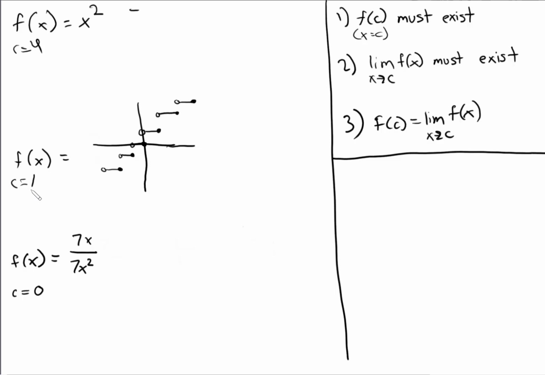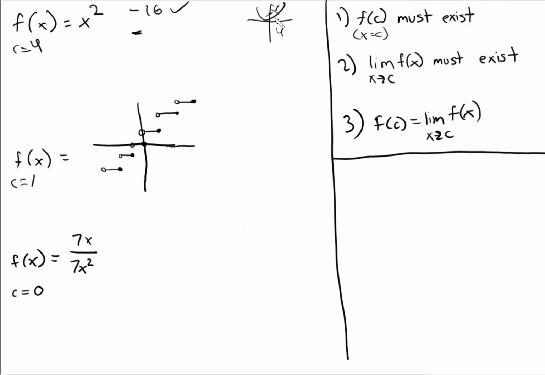So when c is equal to 4, does f of c exist? What is f of 4? F of 4 is 4 squared, which is 16. So we know the first condition is fulfilled because f of c exists. Now, does the limit as x approaches 4 of f of x exist? If you quickly construct a graph over here, as x approaches 4, what is the graph approaching from both the left and the right hand side?